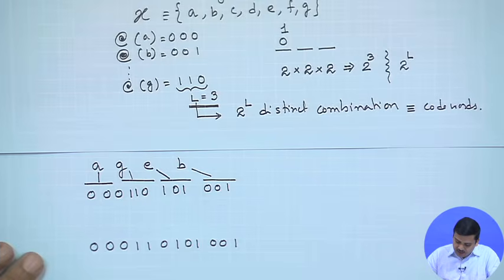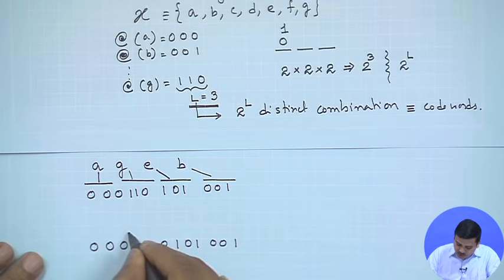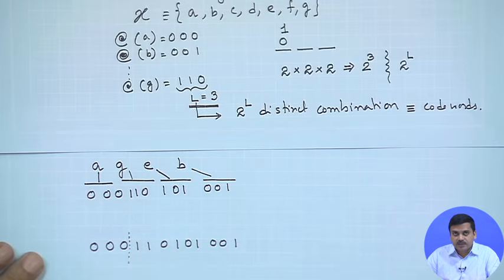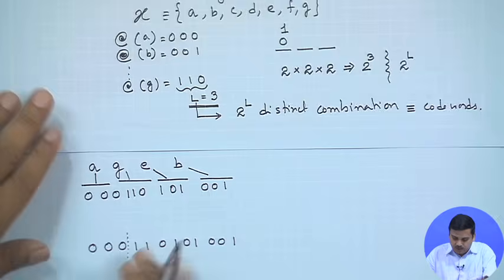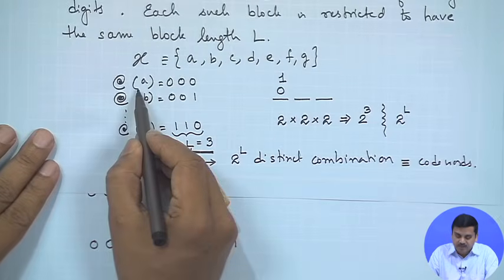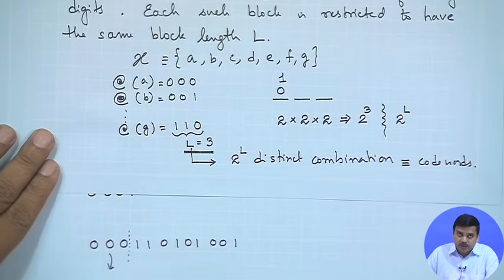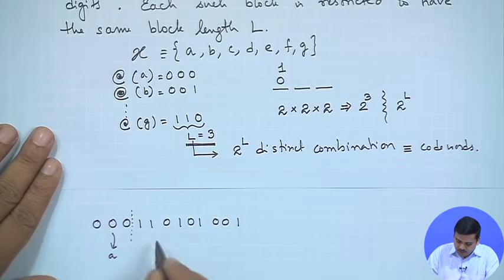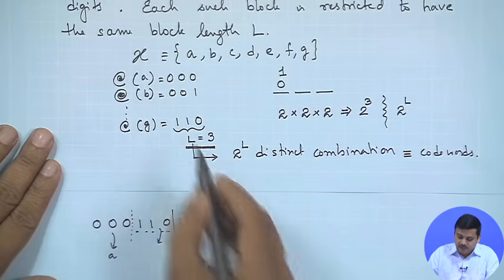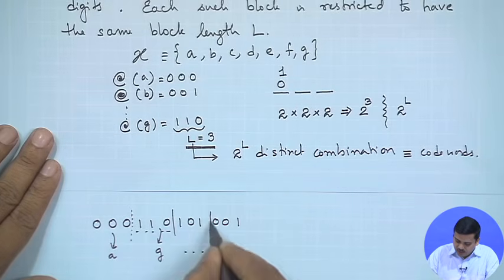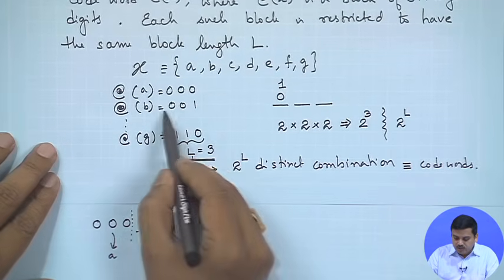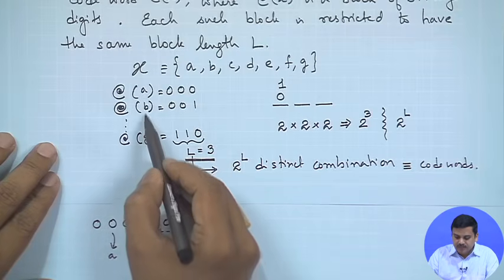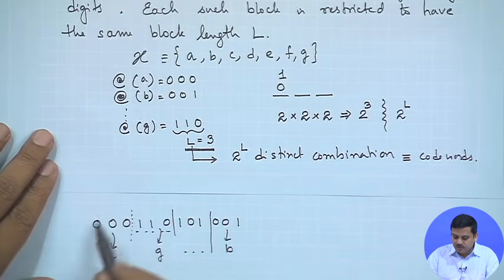Now, the receiver must distinguish what it has received. The receiver should know that these few bits, I group them together, I go back to my table and I find it means an A, so the receiver will decode it to be an A. Similarly, these will be grouped together and the receiver will look back there and find it is a G, and so on, and this will be mapped to B. If two different symbols mapped to the same code word, the receiver would be confused.